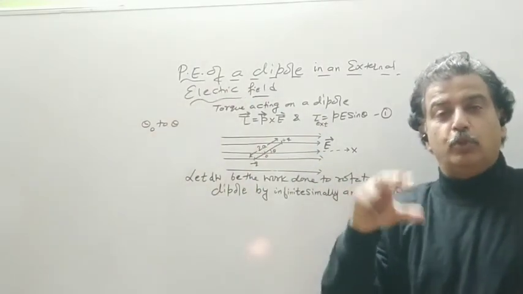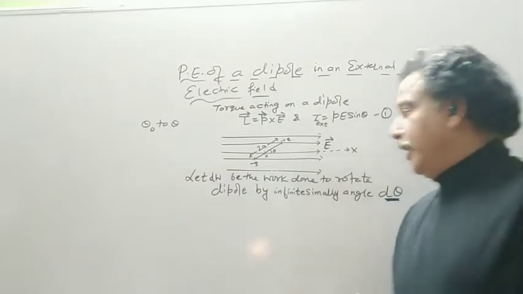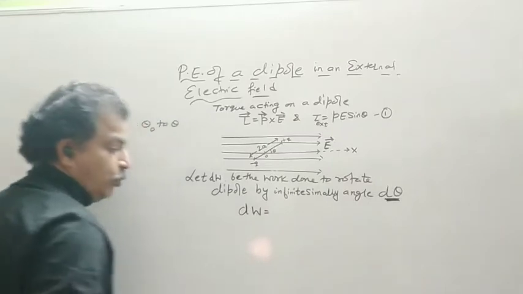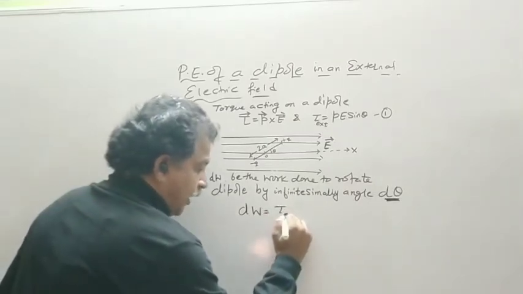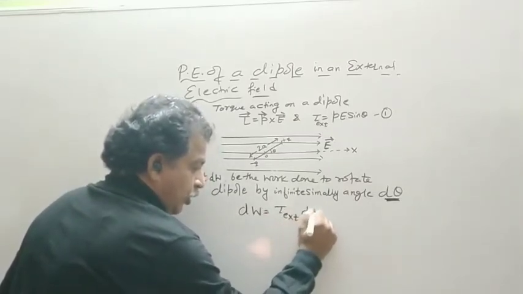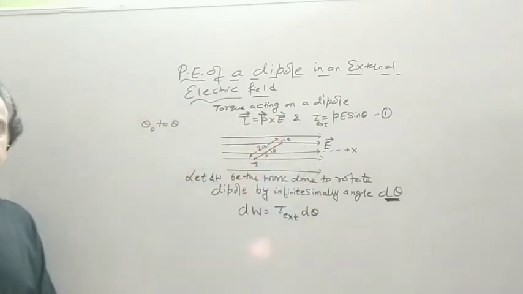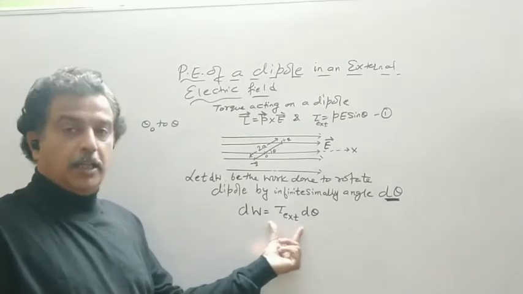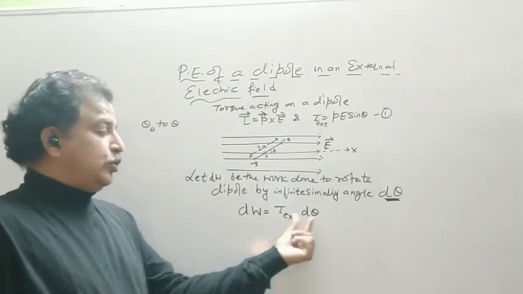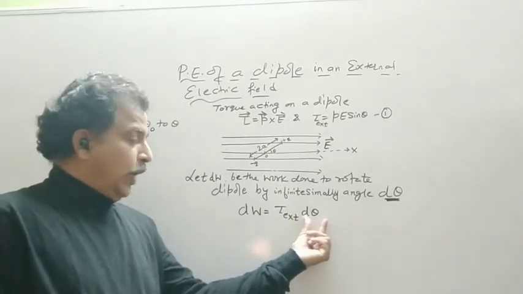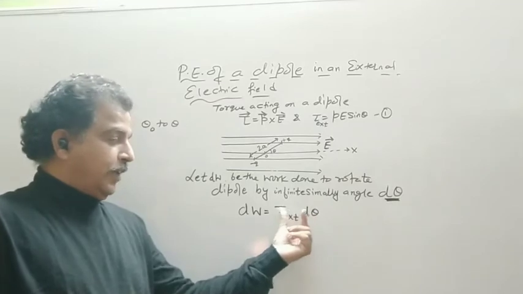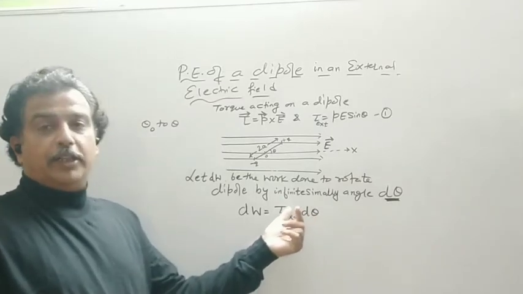So first we will do the small amount of work done. The small amount of work done is equal to torque external into d theta. That is the definition of work done. In the place of the force we have tau external, and in the place of displacement we have the angular displacement. Now the dot formula should be F dot dr.